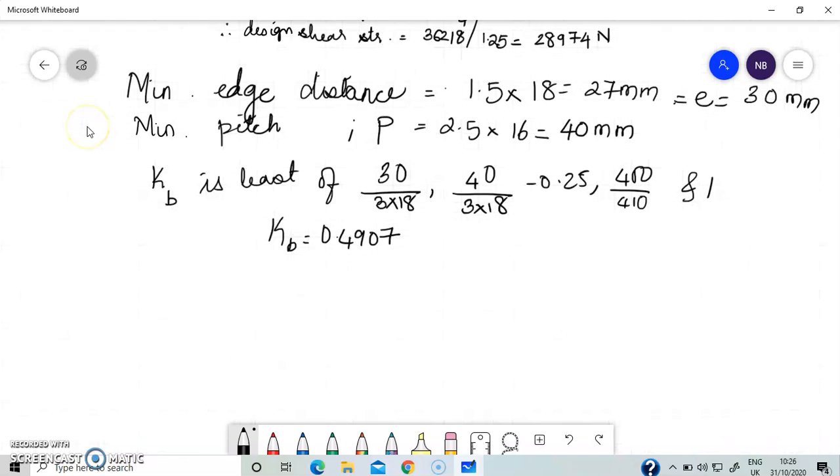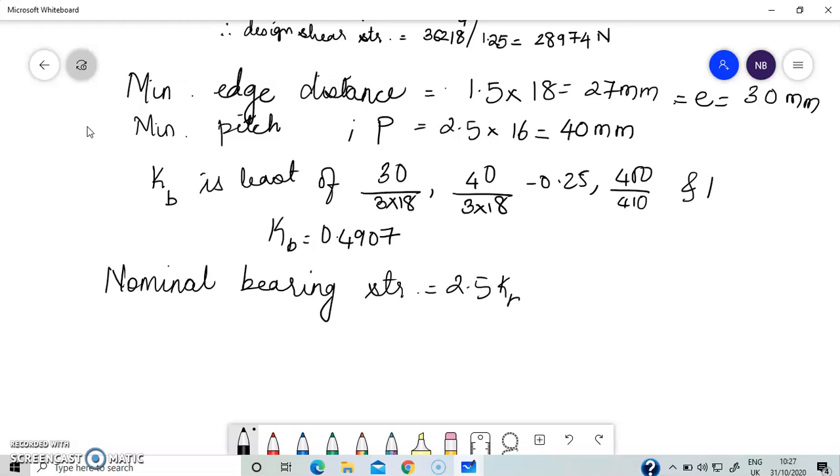Next, we need to calculate the nominal bearing strength, which is 2.5 times KB dt into FU. Now let us substitute all these values.